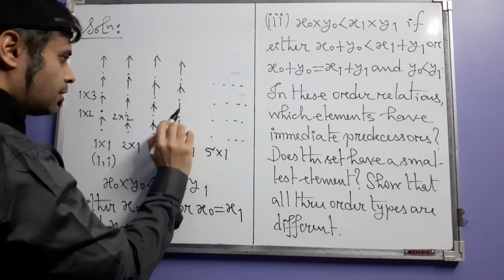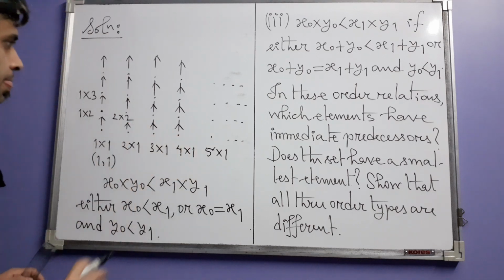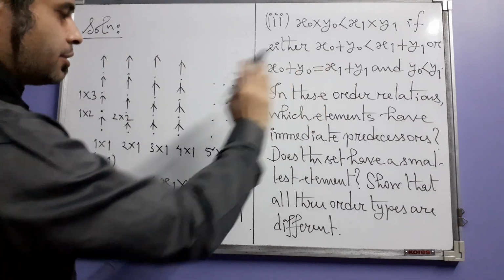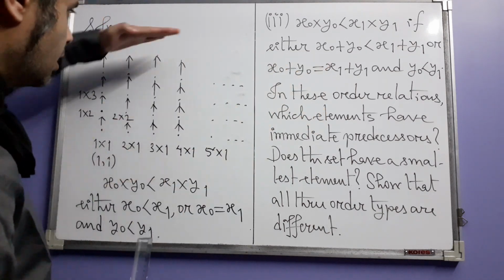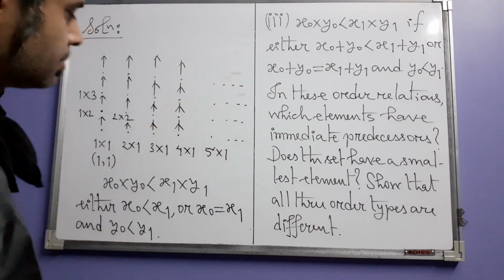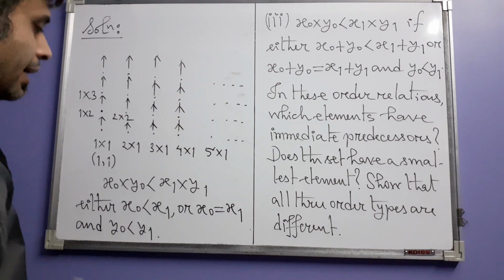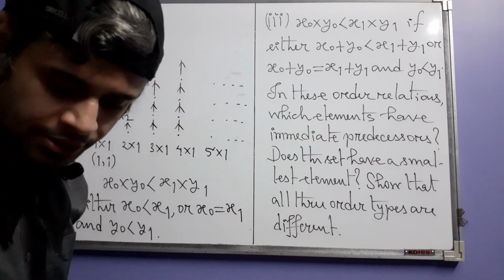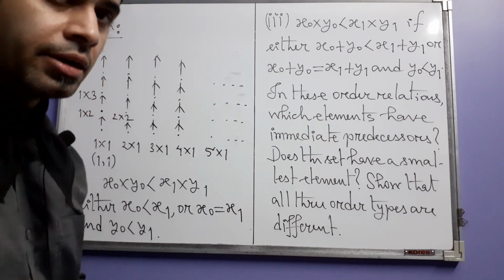And along with that, this is the other direction in which things increase regardless of the level at which they lie. So that means exactly how is this order going entirely?